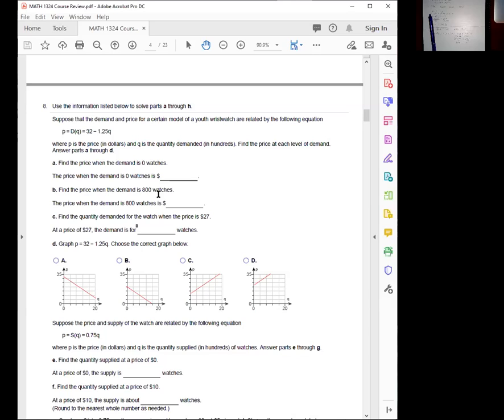Does that give you 22-ish? Yeah, that gives me 22. Okay. Wow, that's tricky. Thank you. Yeah, and they tricked me too because I didn't read the question carefully. I've got to be careful. But the idea is the same. Just plug in these numbers, but it's understood that Q is already in hundreds.